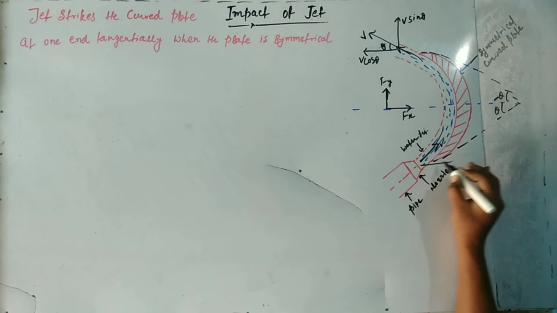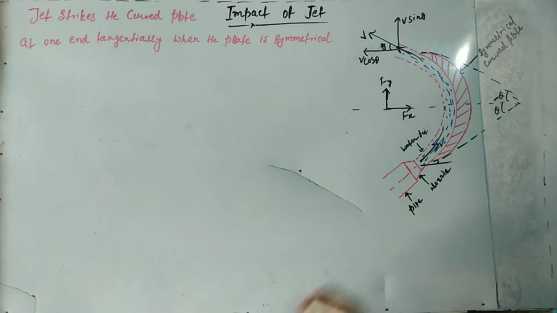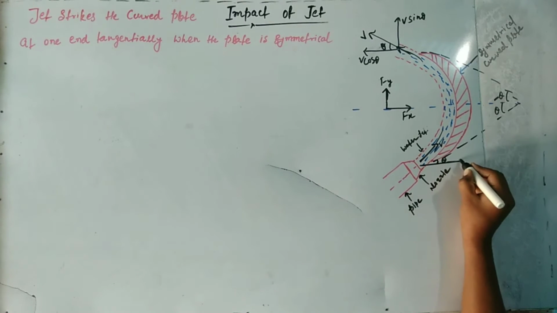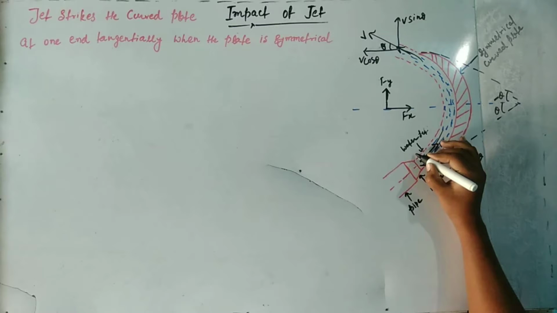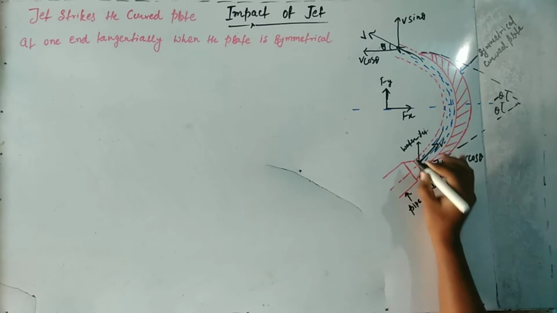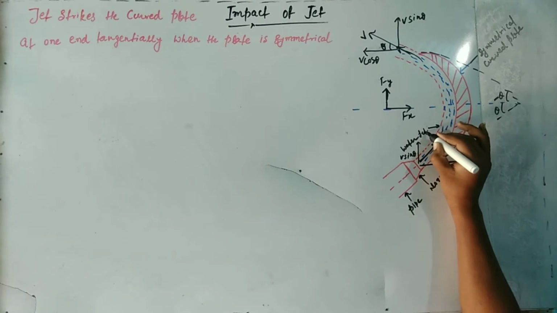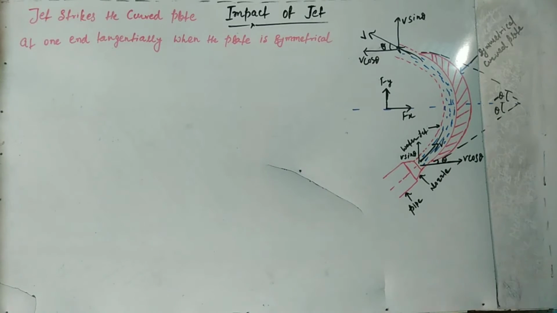Now initially in the same way its angle is theta and its velocity component is v cos theta, and in perpendicular direction its velocity component is equals to v sin theta.